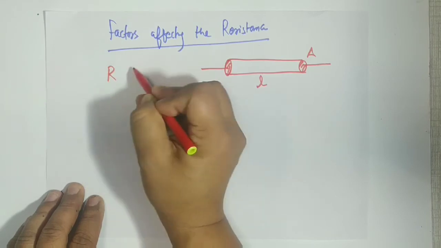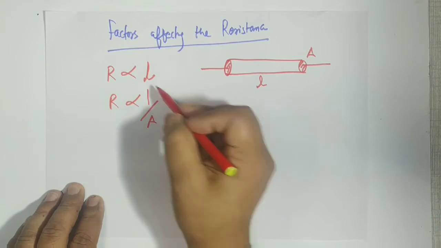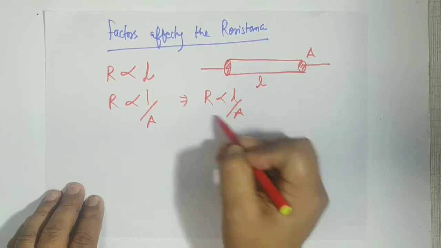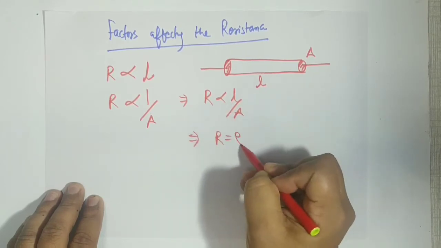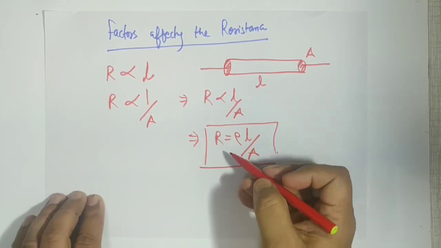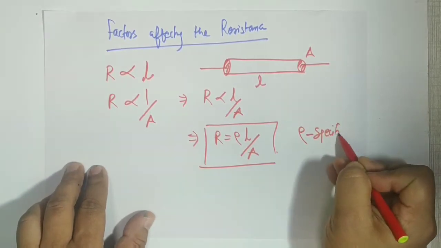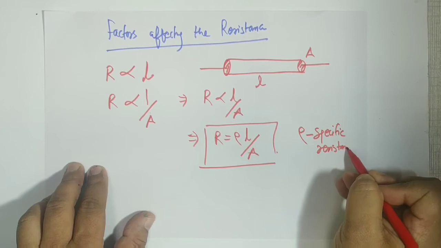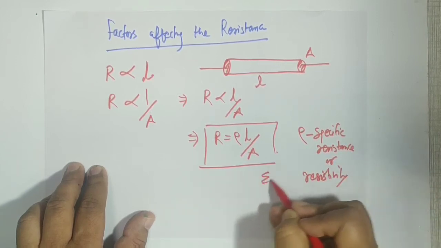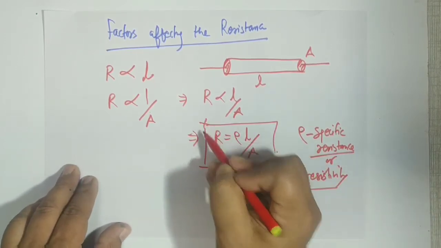R is directly proportional to L, and inversely proportional to A. So when you take out this proportionality, you get a constant rho: R = rho L by A. And what is rho? Rho is the specific resistance, or simply we say resistivity, electrical resistivity.